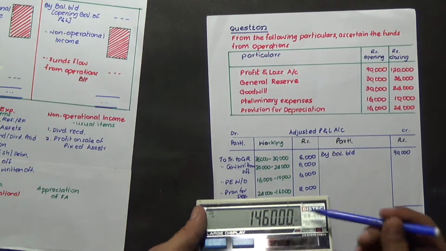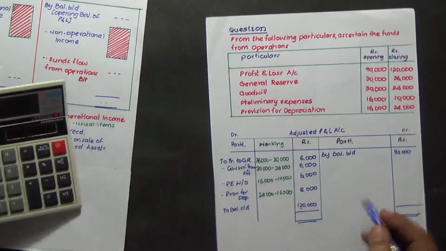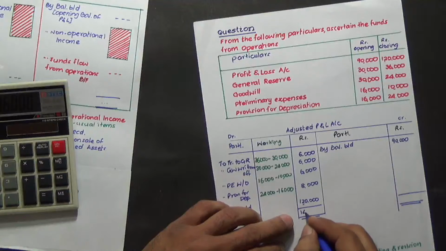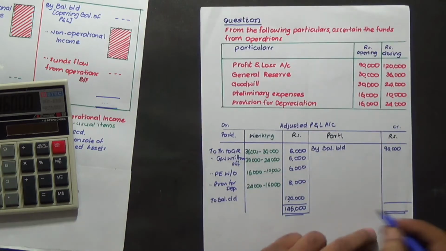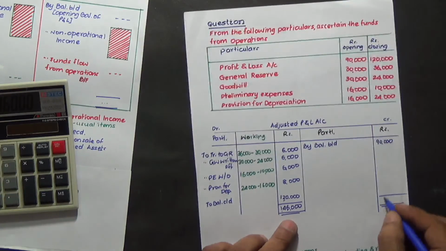So the total of this side is 1 lakh 46,000. The same total is recorded here, 1 lakh 46,000.